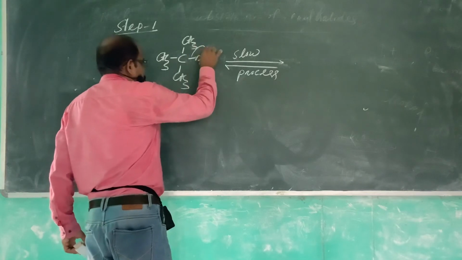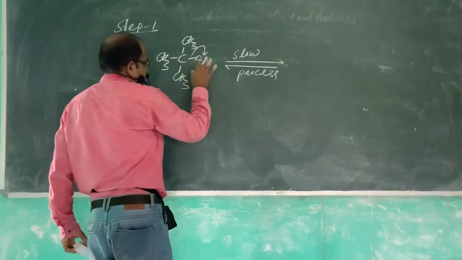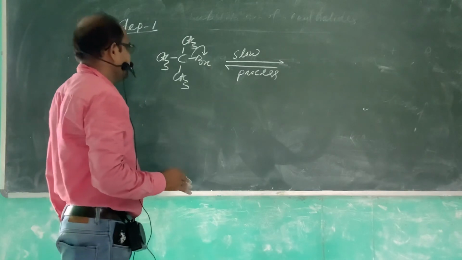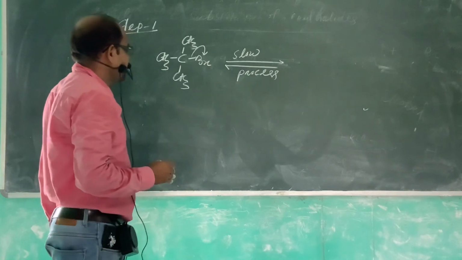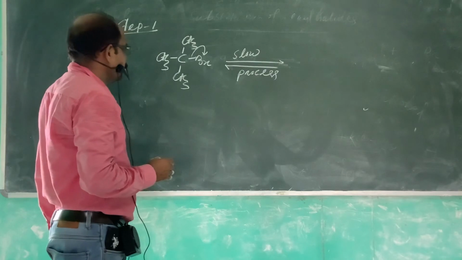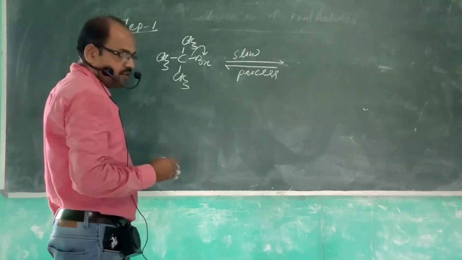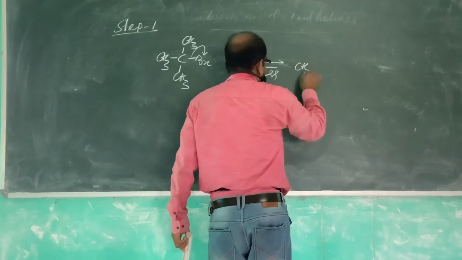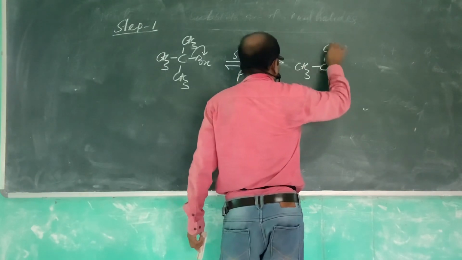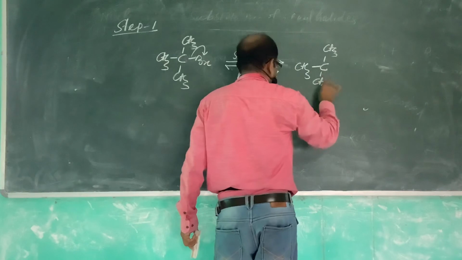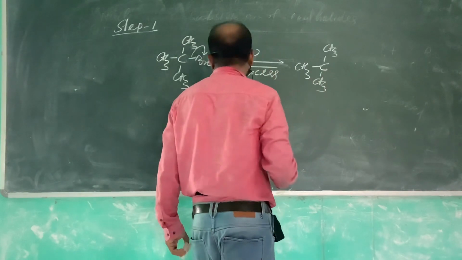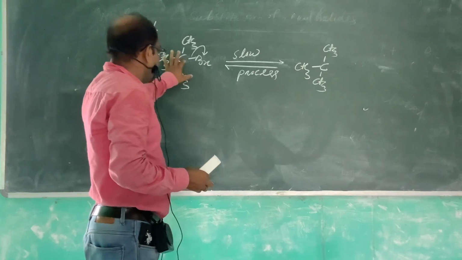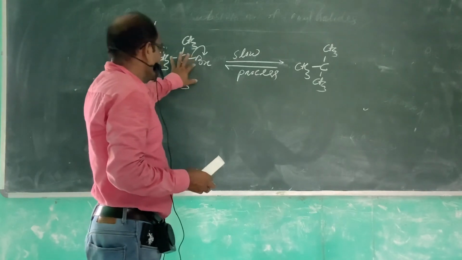When the carbon bromide bond ionizes, it ionizes in a heterolytic manner. That means the bromide group leaves by taking the two shared electrons of the carbon bromide bond.